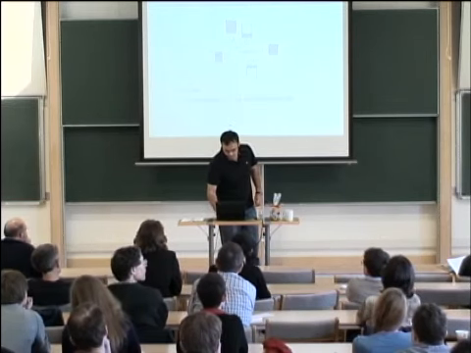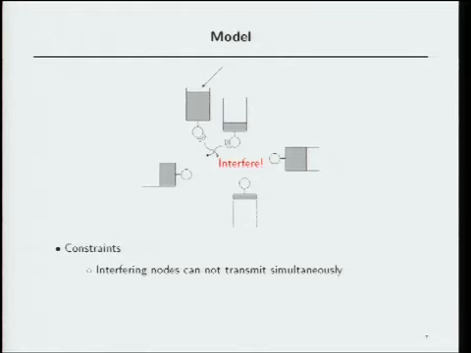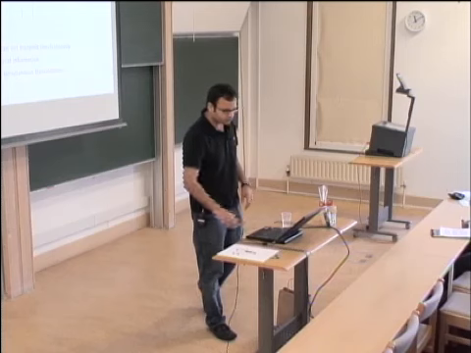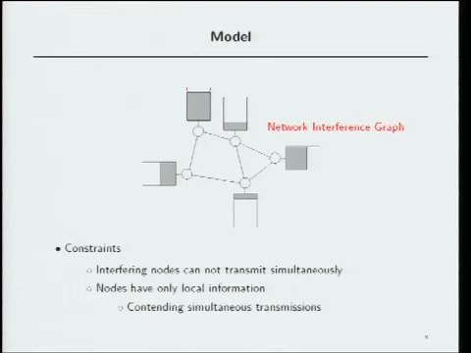Now, there's an interference constraint. What it means, roughly speaking, is that if there are two wireless transmitters which are close to each other and transmitting simultaneously, then they're going to cause interference to each other, and we don't want that to happen. However, if there are far away nodes that are transmitting, then it will be fine. And the question is how to design a collection of wireless transmissions so that simultaneously transmitting nodes are not interfering.